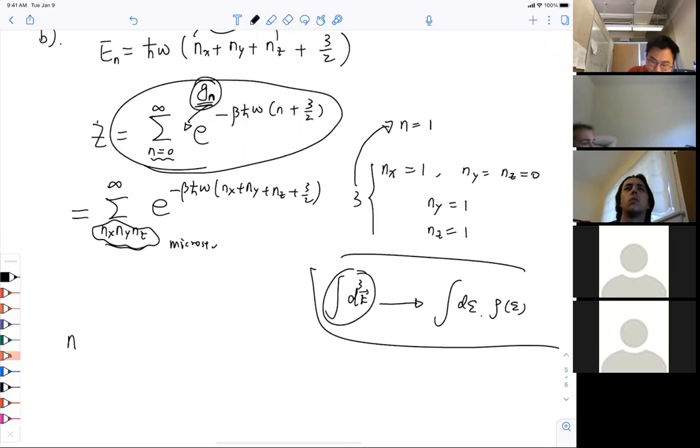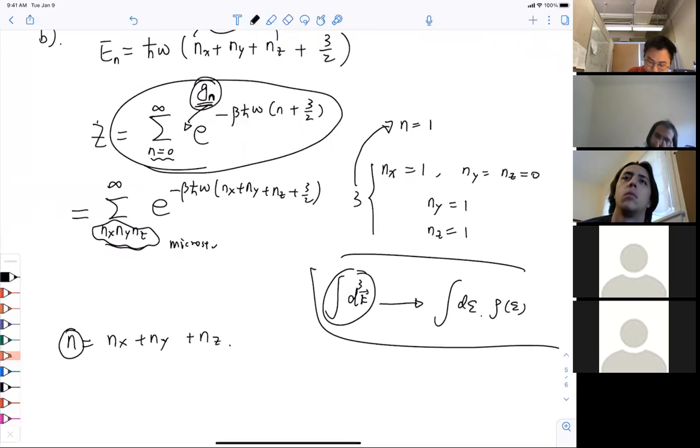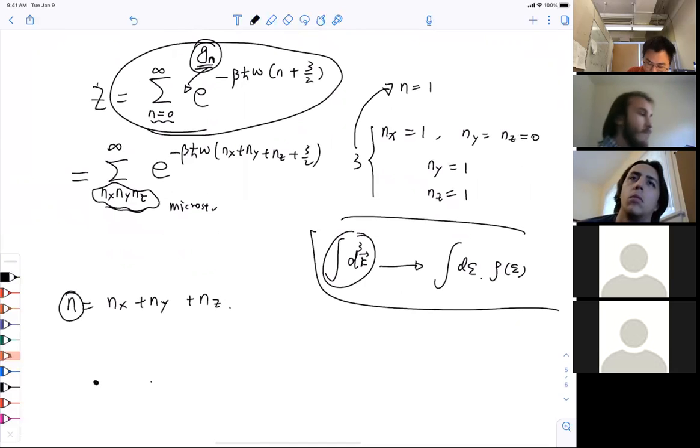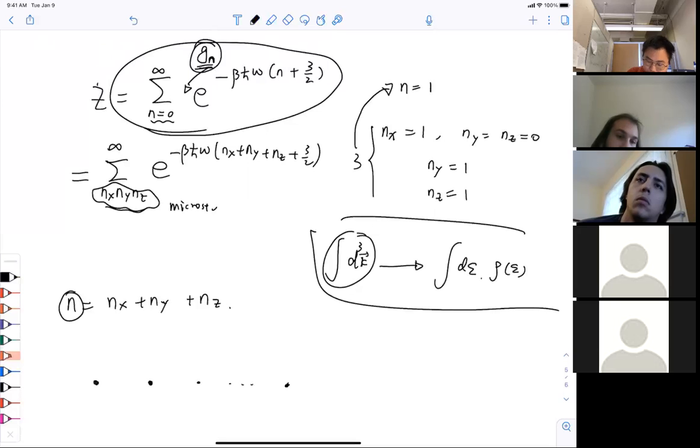So the degeneracy comes from this one, right? For fixed integer n, there are different ways to achieve that. You can think of it as like m points. And now you need to separate m points into three parts, meaning that you need to insert two separators into those m points.